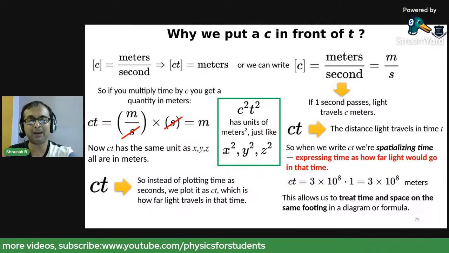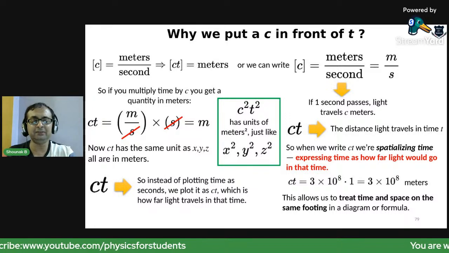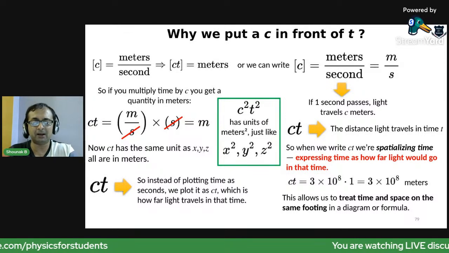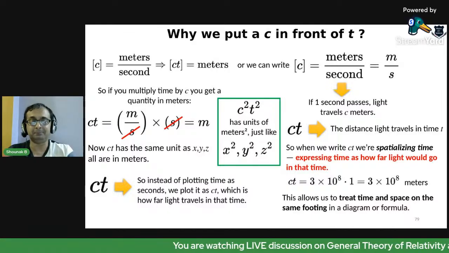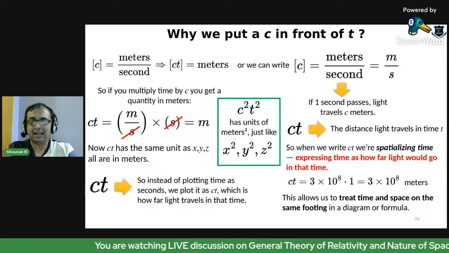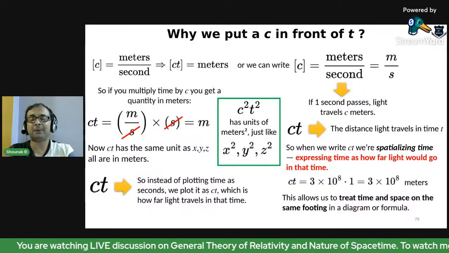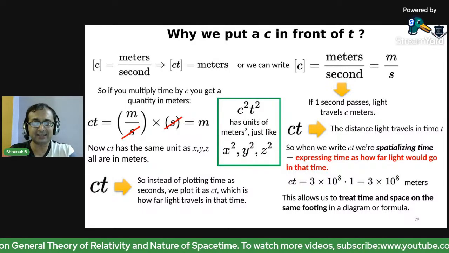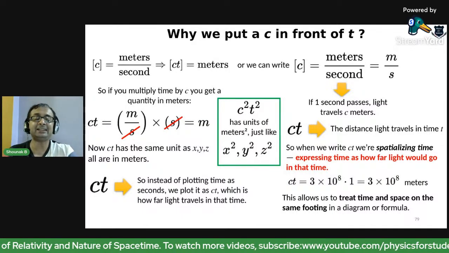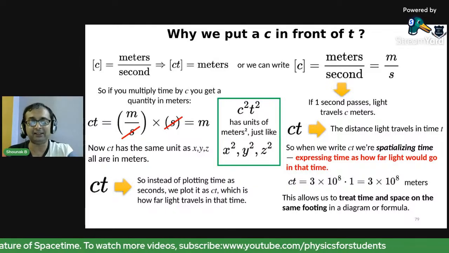If you multiply time by c, we get ct equal to m by s multiplied by s. The s and s cancel off, so we get m. So m by s means that if 1 second passes, light travels c meters. Now ct has the same unit as x, y and z.